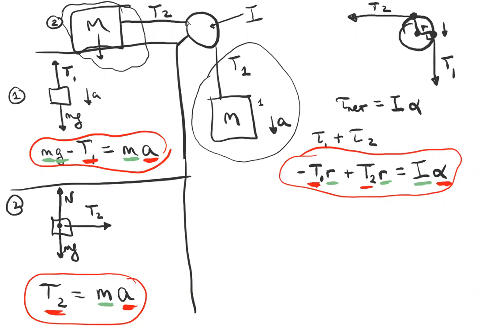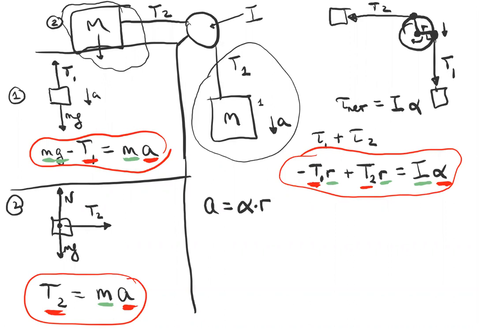And this one more equation will be the equation that relates the acceleration of the boxes to the angular acceleration of the pulley. The acceleration of the boxes is equal to the acceleration of this imaginary point on the rope. And I know that if I have a point on the rim of my disk moving, then its linear acceleration is the angular acceleration times r.